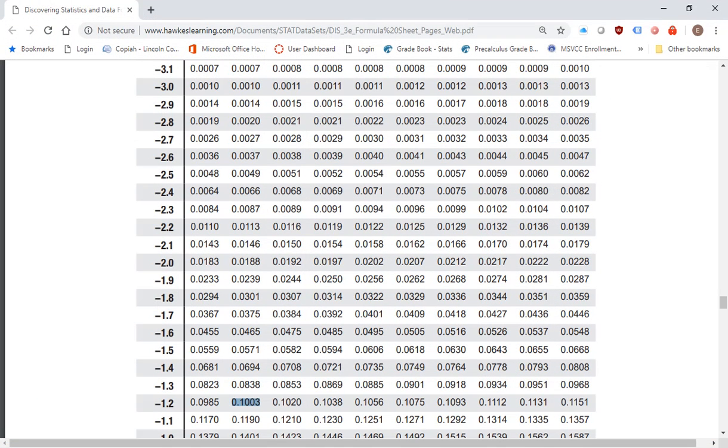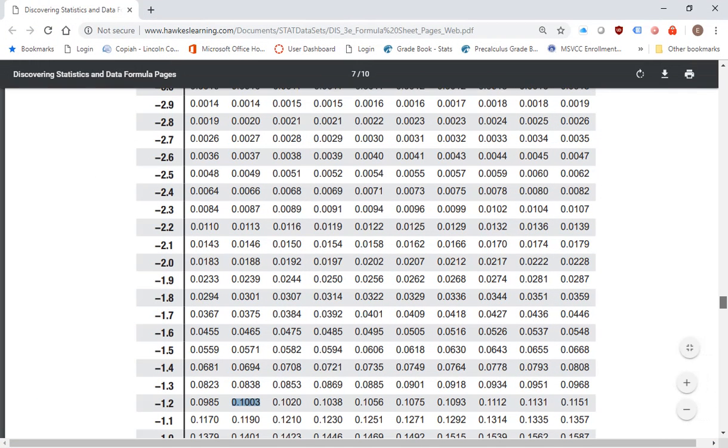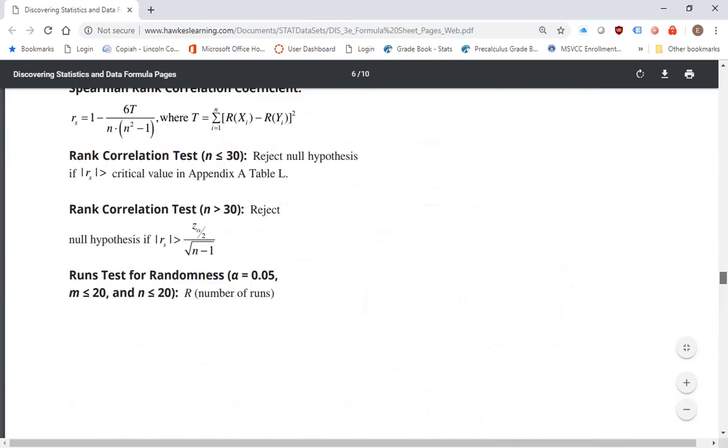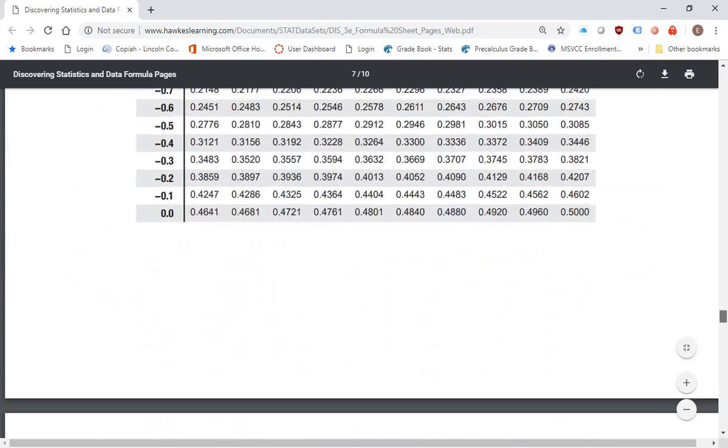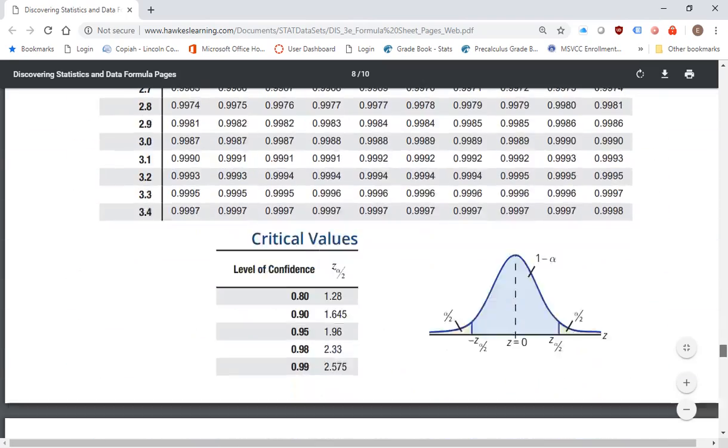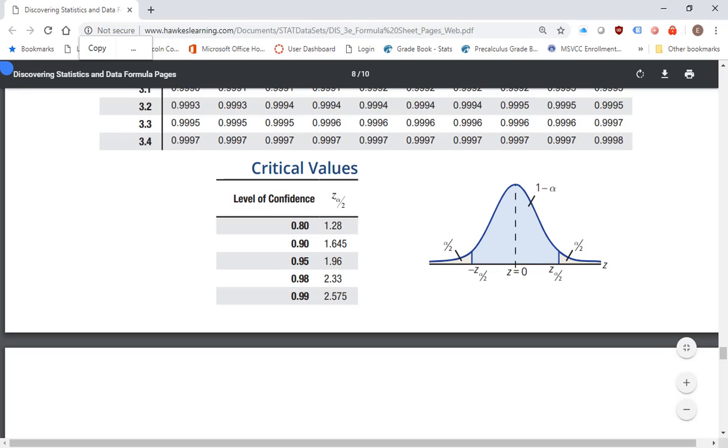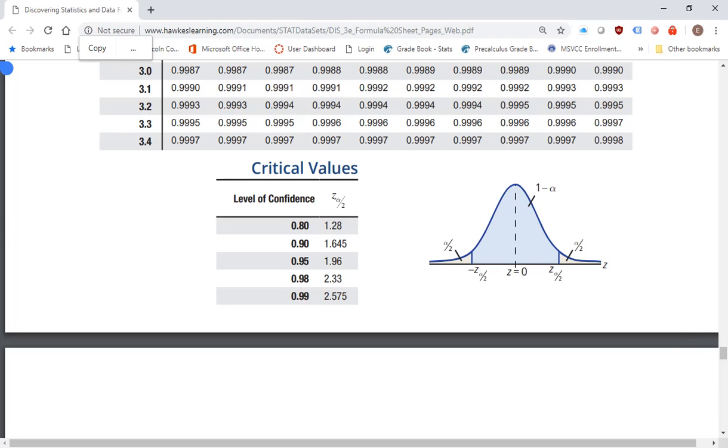We have a 95%. I was seeing if the table was maybe on here. Okay, it is on table B. So right here. Good. I was going to copy it up here. So on table B, you can see for 0.80 we use 1.28. For 0.90 we use 1.645. For 0.95 we use 1.96.